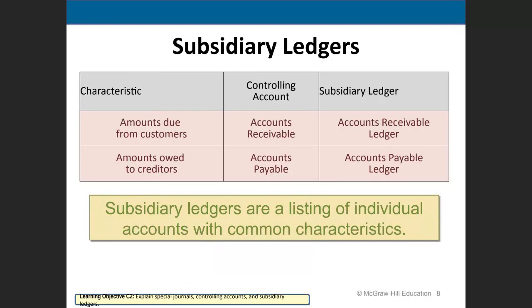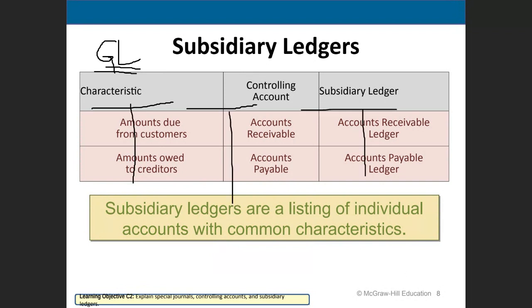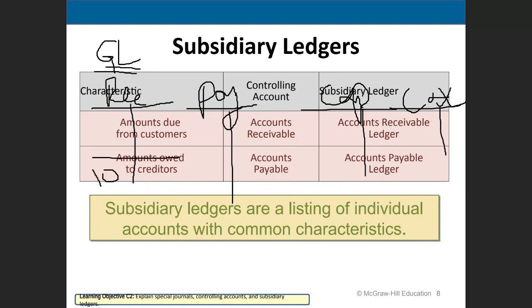If you can imagine with me that we have computer software, we went to the general ledger, and we said in chapter 2 that the general ledger includes all the accounts of the company. So we have receivables, we have payables, we have owner capital, we have cash, everything. Here in the receivables, we have the total receivables.